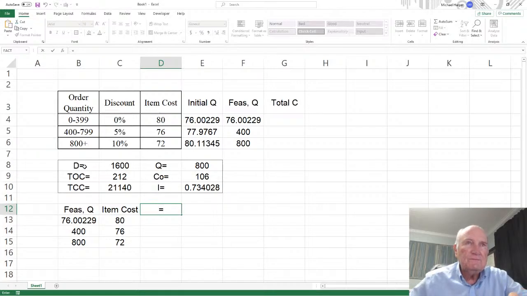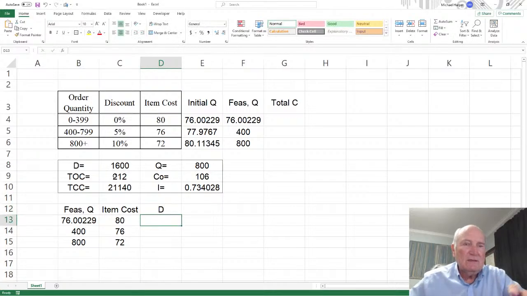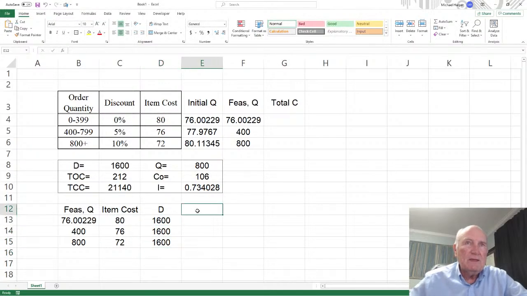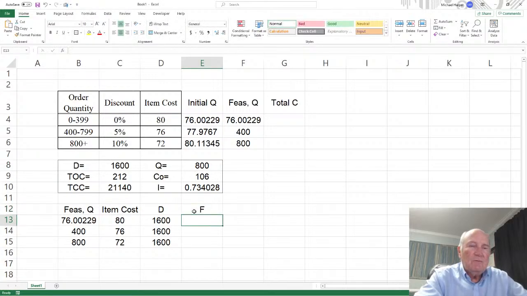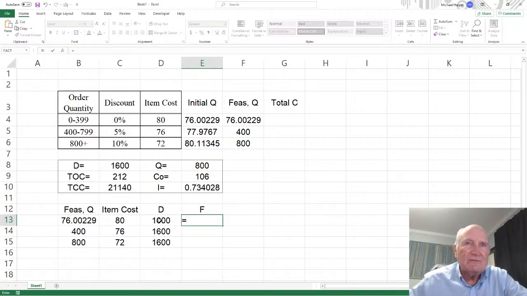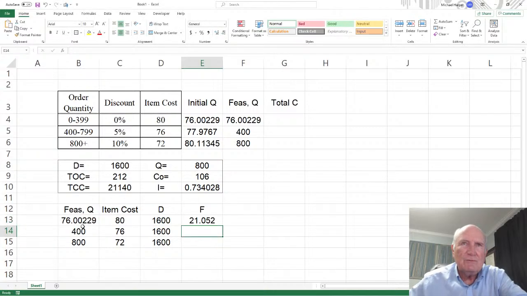I'll say demand. That's going to equal 1,600. Now the reason I'm doing that is I want my frequency. My frequency is going to equal D over Q. So there's my frequency.